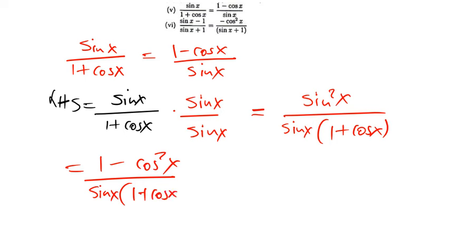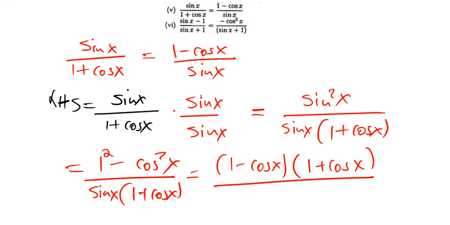Now don't forget the top part can be expressed as a difference of two squares, meaning that we have 1 minus cosine of x and then 1 plus cosine of x, divided by sine of x, 1 plus cosine of x.